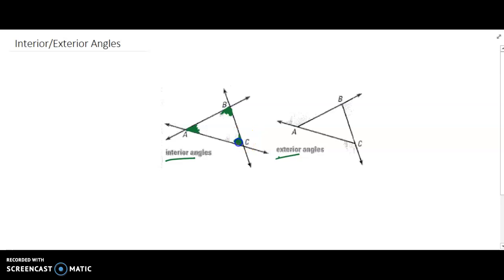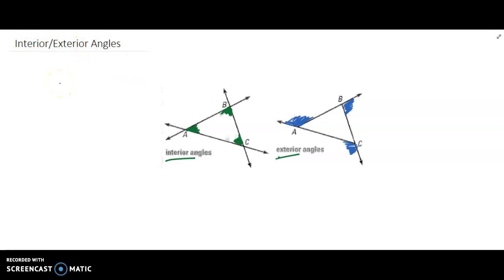That would be the interior angles of a triangle. Okay, now the exterior angles would be on the outside. So here would be an exterior angle, here would be an exterior angle, and then out here would be an exterior angle. Okay, so that's the difference of interior and exterior angles.